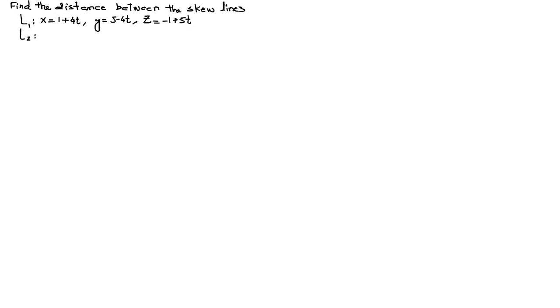Similarly, L2: x is equal to 2 plus 8t, y is equal to 4 minus 3t, and z is equal to 5 plus t. These are the two skew lines and you have to find the distance between them.